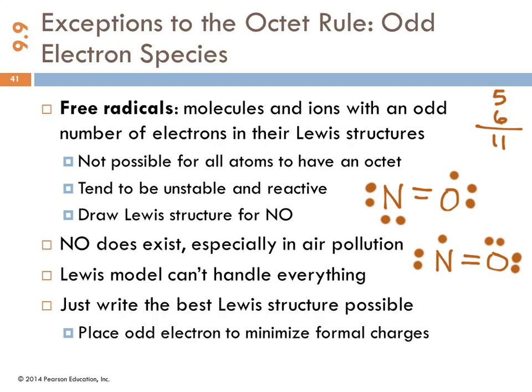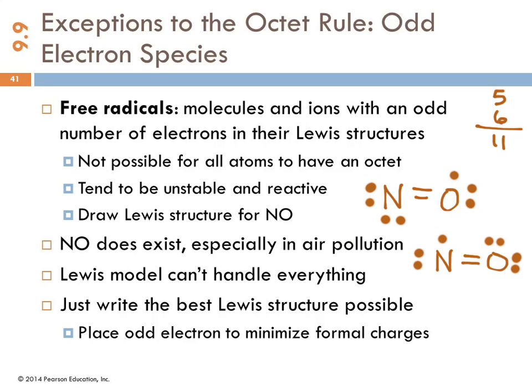So how do we figure out which one gets the odd electron and gets short? Formal charges. Oh, here we are, formal charges again. So this nitrogen here, in this Lewis structure, he owns 6 electrons. 4 from the double bonds and half of each bond.